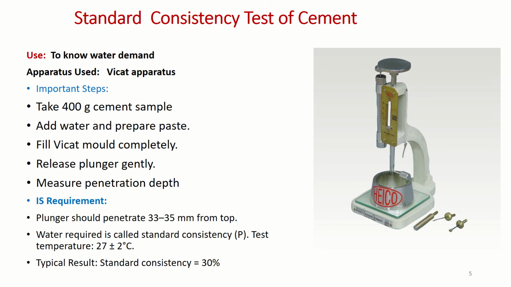Normally that water range is from 20 to 32%, and in most cases the consistency of OPC cement is around 30% of the total weight of cement.